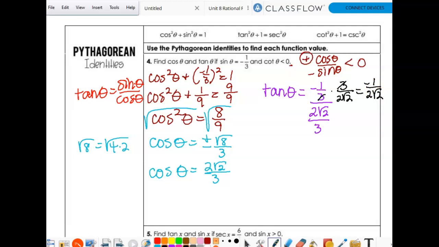Can I have a square root of 2 on the bottom? No. So what is the square root of 2 times the square root of 2? 2. 2 times 2 is 4. So I'm going to get negative square root of 2 over 4.